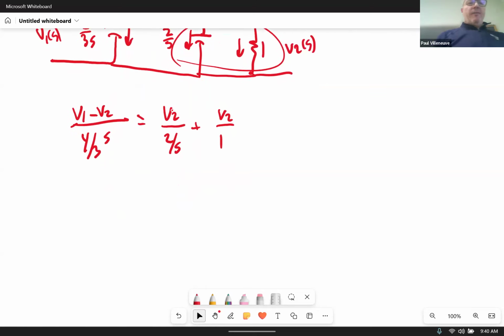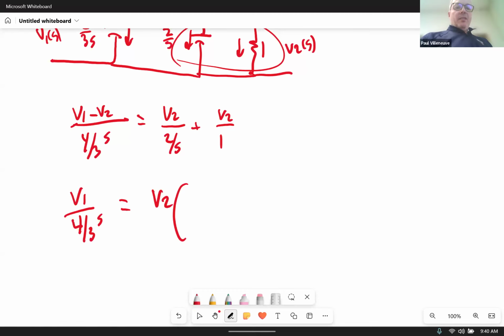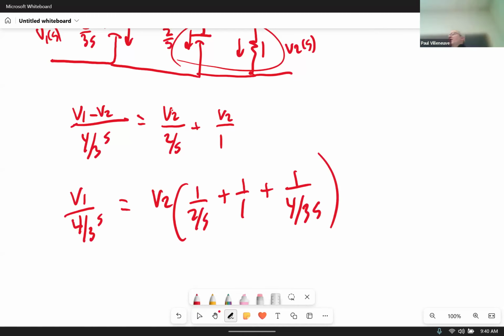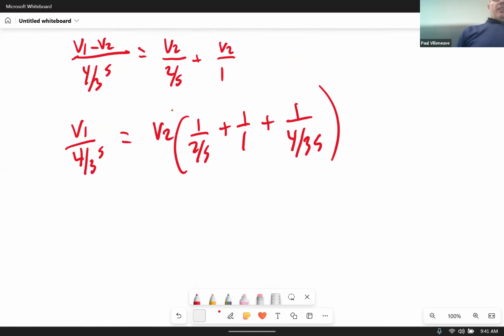Okay. So now let's do some fancy dancy math. So I have V1 over 4/3 times S equals V2 times 1 over 2 over S plus 1 over 1 plus 1 over 4/3 S, if I just move things around a little bit. Any questions on that? Let's clean this up a little bit.